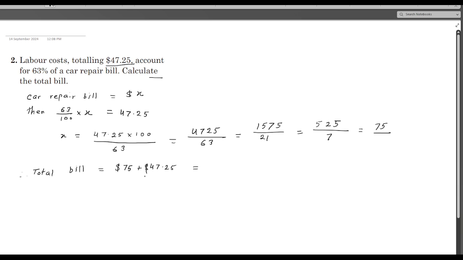Okay, so the total will be 5 plus 5 is 10... wait, 7 plus 5 is 12, then 7 plus 1 is 8, 8 plus 4 is 12, so $122.25. So this is your total bill. Question number 2, the total bill is 70.